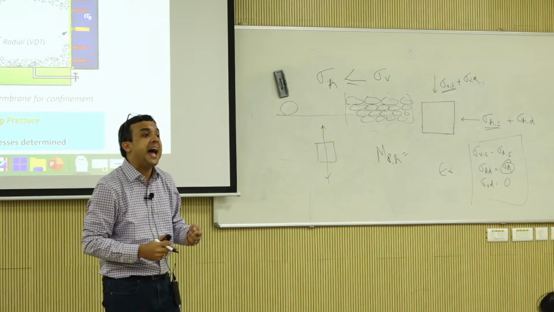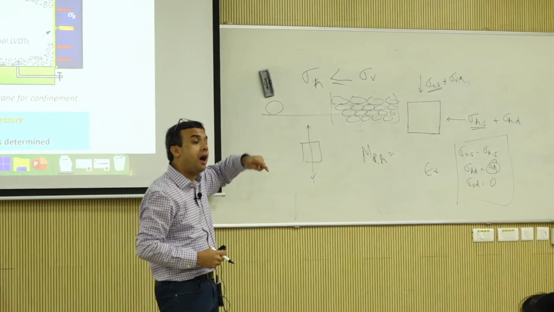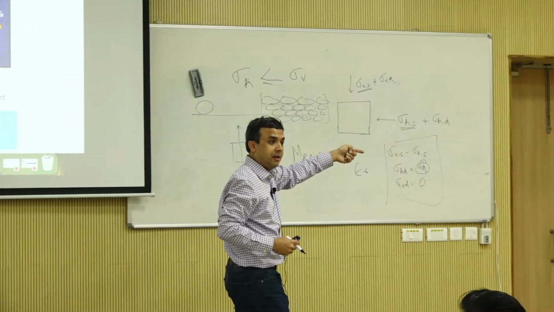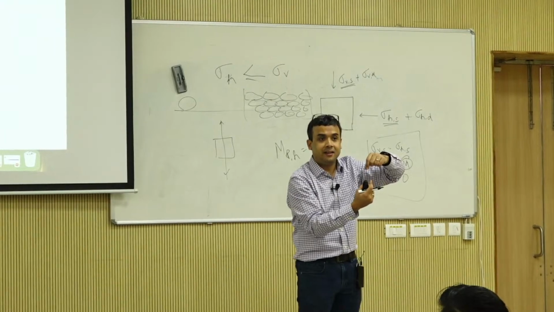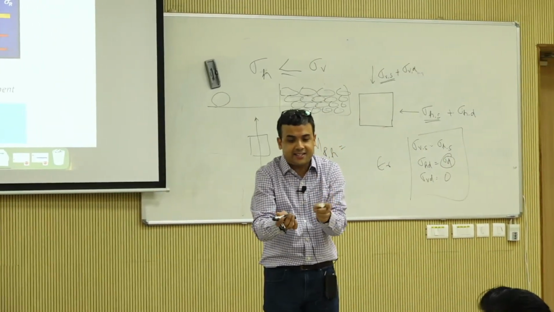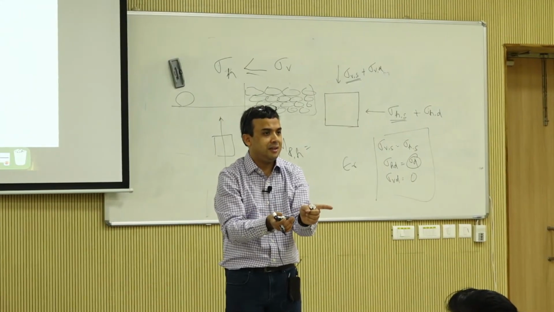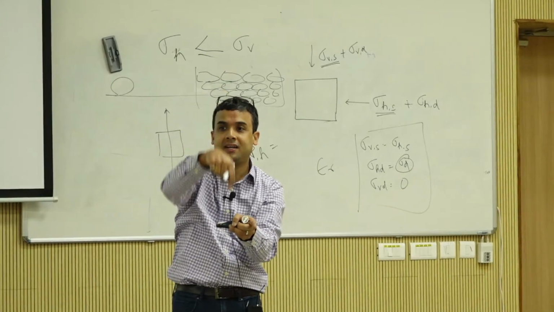So it's called anisotropy. But is it 100% anisotropy? It's still a cylindrical specimen, right? So the horizontal, the x and the y directions are probably similar, and they are different from the z direction.